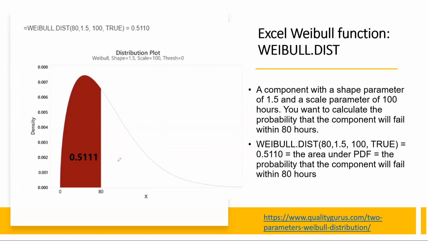And then you're asking yourself here, what's the probability it will survive, right? It will fail, right? Here, the probability the component will fail within 80 hours is 51%. And the other way, the probability that it will not fail, is 0.49. Very obvious.